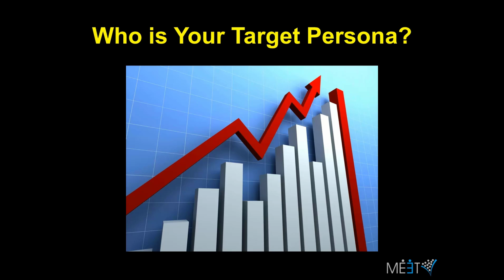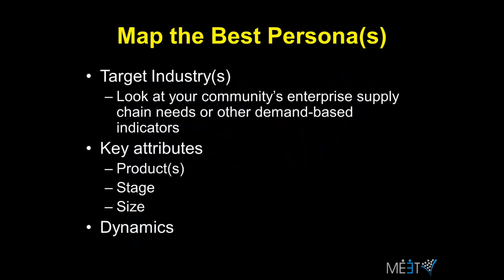Think about the company or the type of company, but within that, think about the person who would make the decision to move to our region or to create a location in our region. We want to really narrow down to exactly who that persona is.